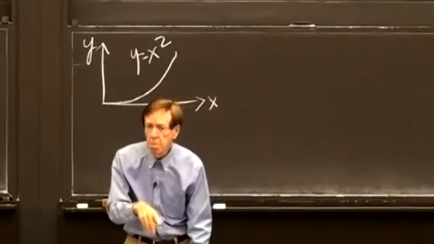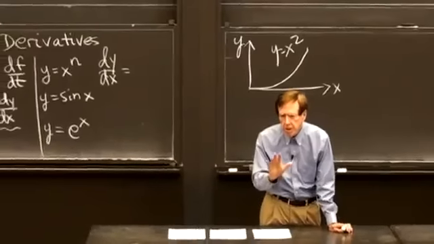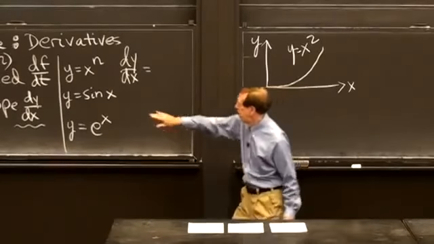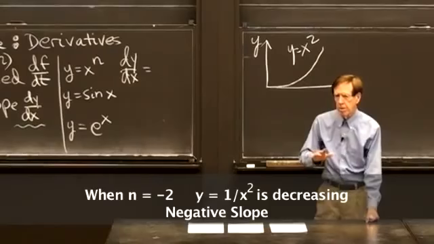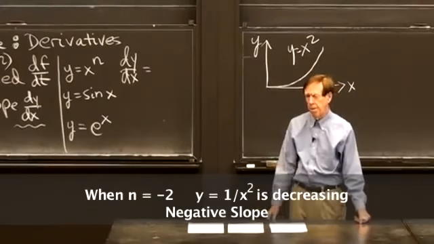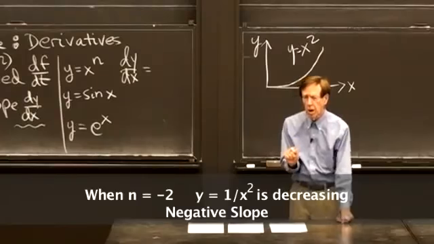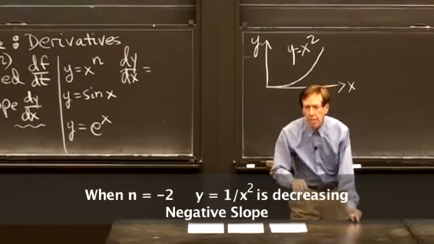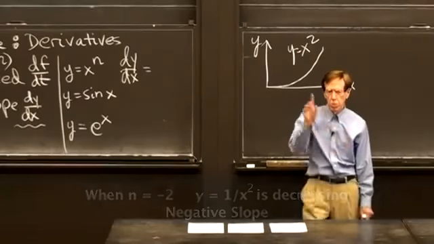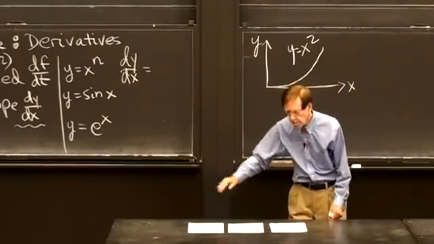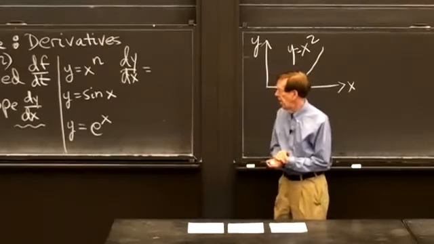If n was minus 2, just because that's also on our list, n could be negative, the function would be dropping. You remember x to the minus 2, that negative exponent means divide by x squared. x to the minus 2 is 1 divided by x squared, and it'll be dropping. So n could be positive or negative here.